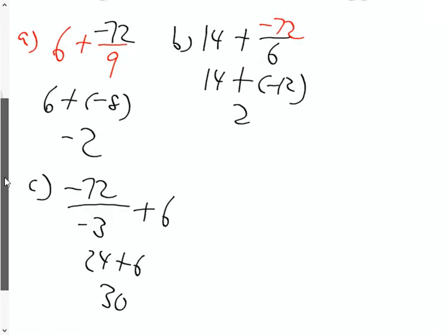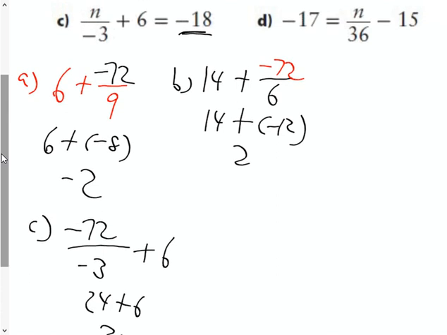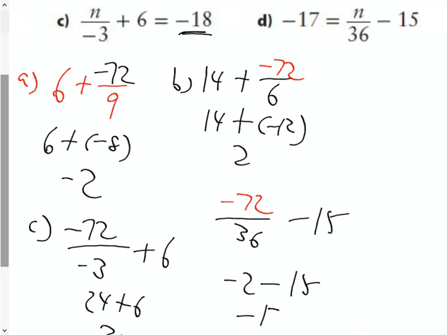So I can say no, -72 is not the solution for C. And finally, n divided by 36 minus 15 would be -2 minus 15, which is -17. And since -17 is the value on the other side, I can say yes, -72 is the answer.